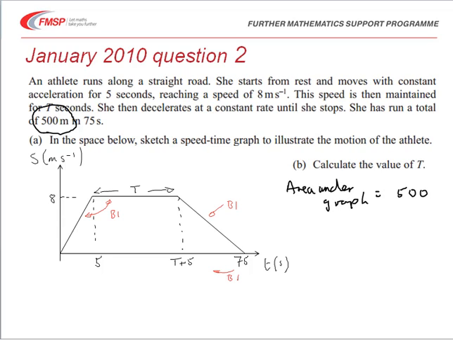Well, treating this as a trapezium, that area is 1/2 the sum of the parallel sides, that's capital T plus 75, multiplied by the distance between them, or in other words the height, which is the speed 8, and that's equal to 500.